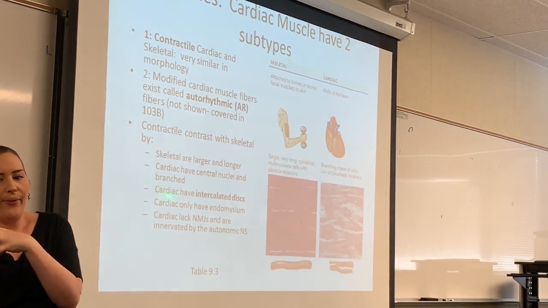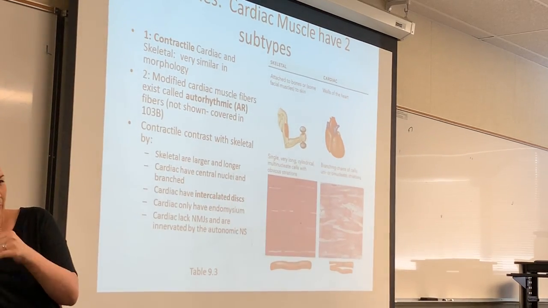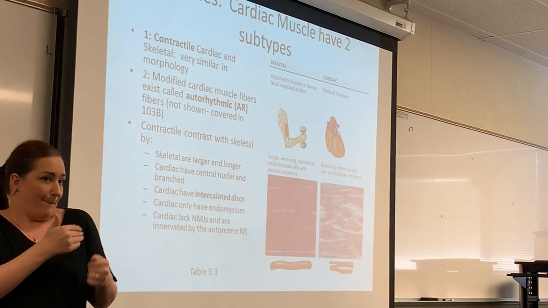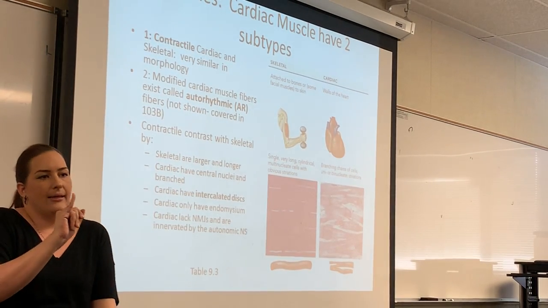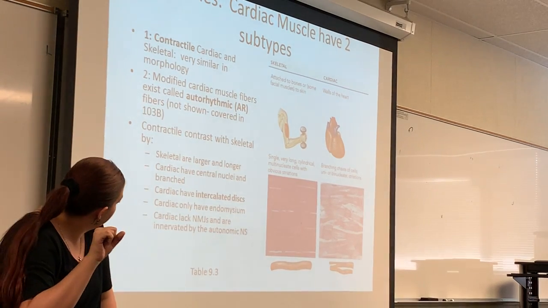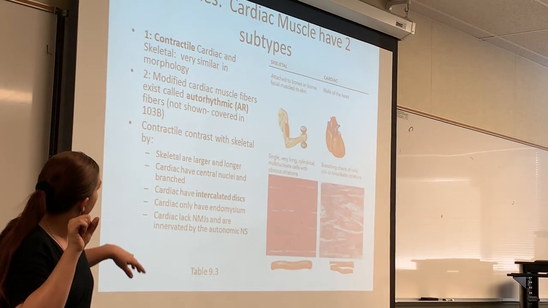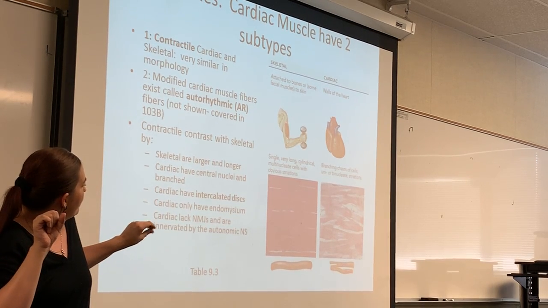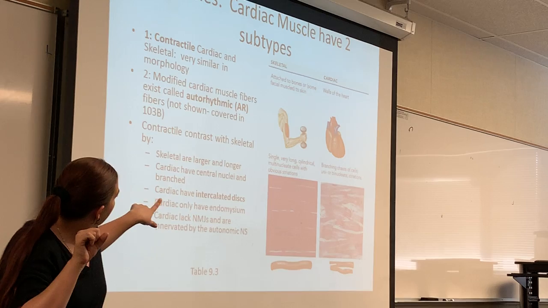And cardiac muscles have intercalated discs. These are really important to the functioning of cardiac muscle. The intercalated discs are basically 2 cell junctions found together. One of them is desmosomes. What do desmosomes do?